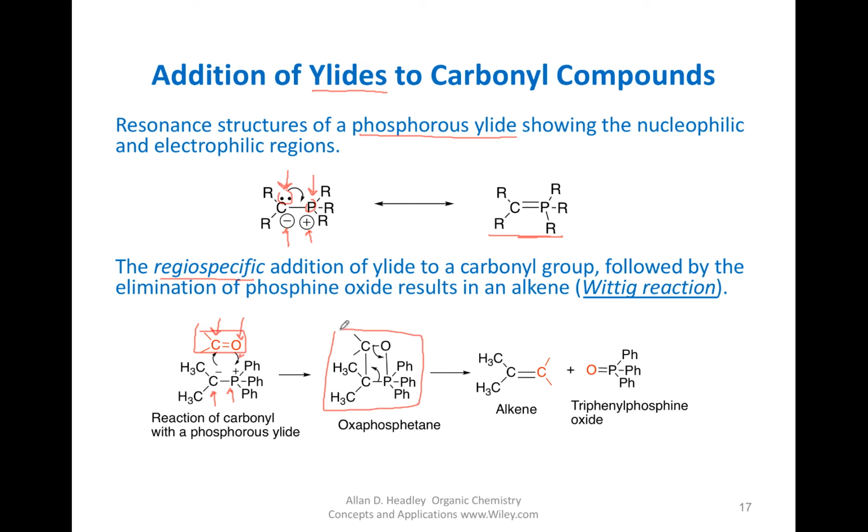It is not stable. It will quickly fall apart as shown here to generate an alkene and a phosphine oxide. So let us analyze the key here. The key is we have transformed this carbonyl compound into an alkene, where this carbon shown in red is right here, and this carbon in black comes from the ylide.